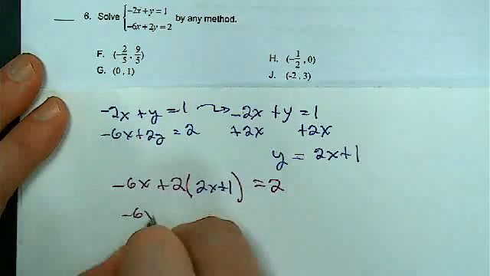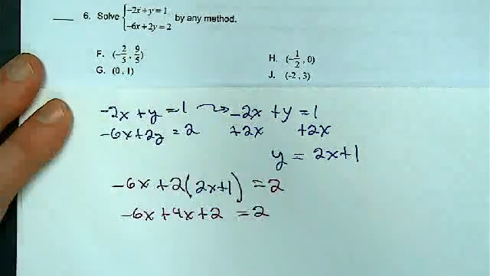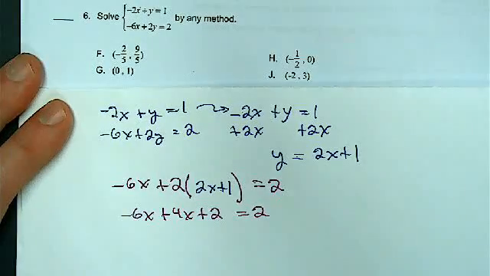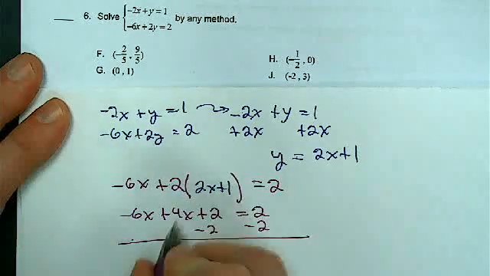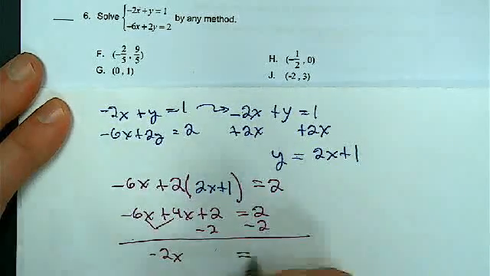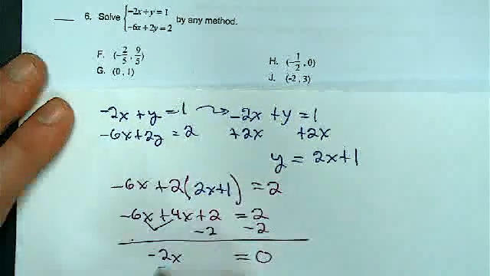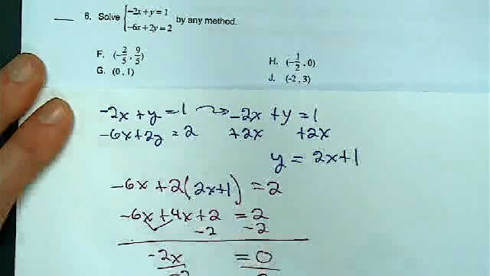Distribute, -6x plus 4x plus 2 equals 2. Subtract 2 from both sides. And I'll combine my like terms. So -2x equals 0. Uh-oh. So that looks like I'm going to end up with x is 0.